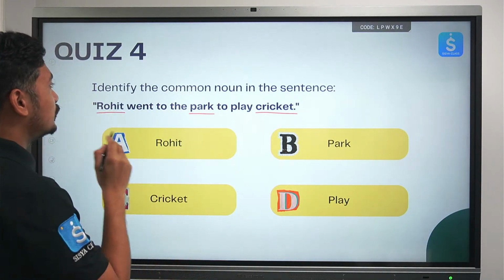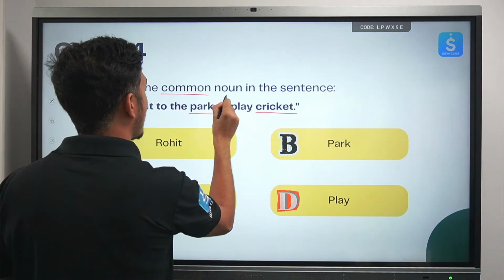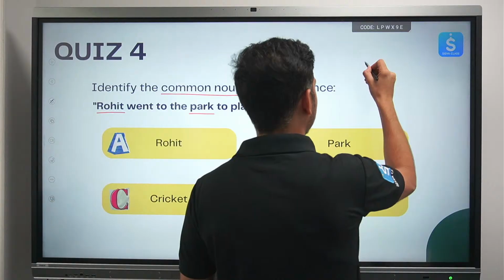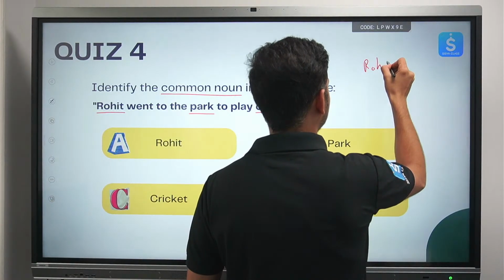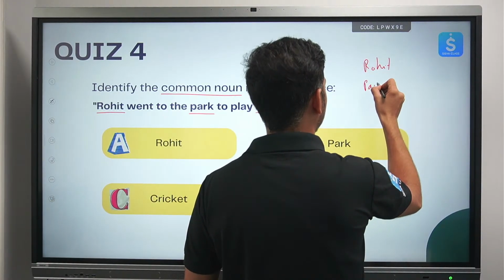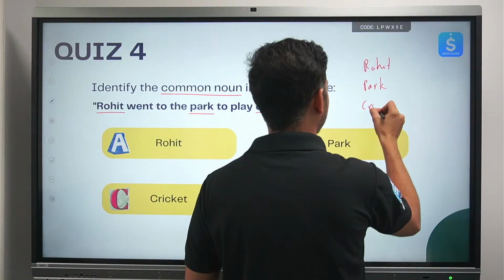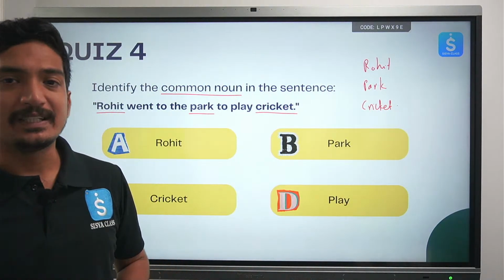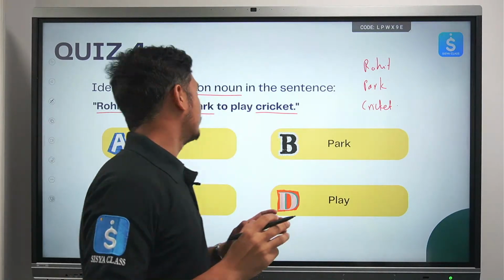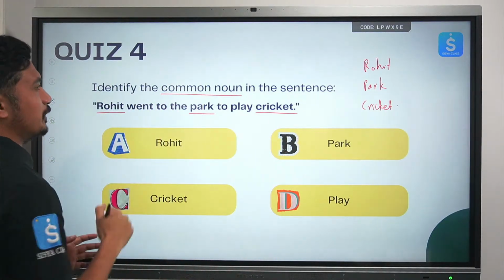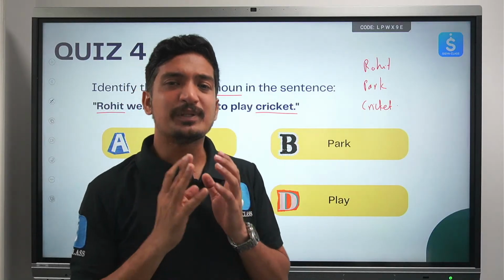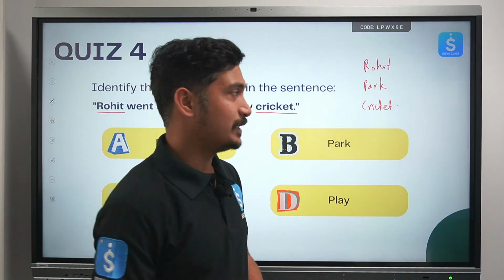Okay, now the question is saying that we want to have a common noun. Now we have three words over here: Rohit, park, and cricket. So I'll just write Rohit, park, and cricket. Okay, let's try to identify which one of these three are a common noun. Now if we talk about Rohit, Rohit is a very specific name of a specific person, isn't it?